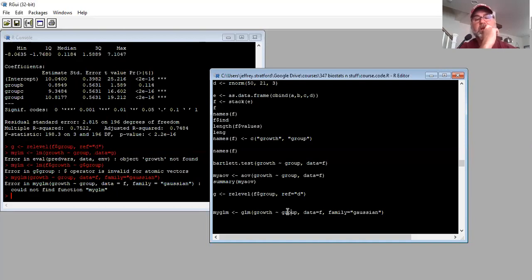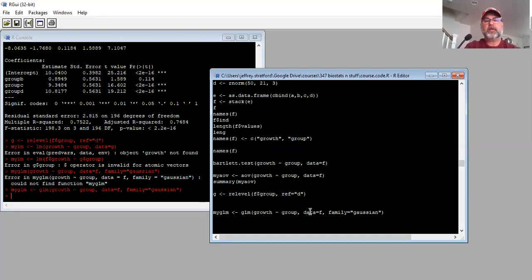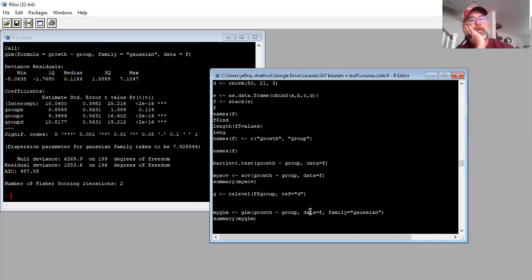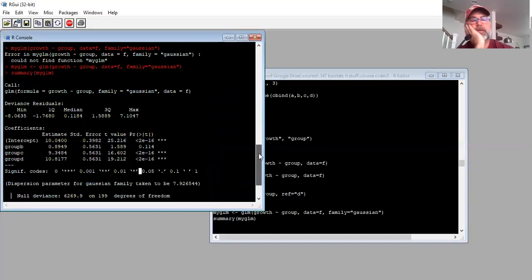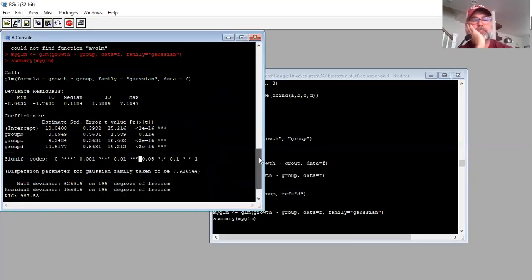That's why it's called generalized, right? So it's our go-to code for the rest of the semester. So let's do a Control R to send it over to R. Again, nothing happens. We do summary, my GLM. So we're going to get output that is very much like LM.